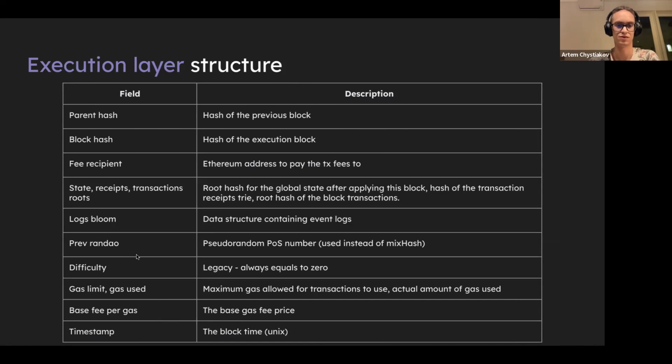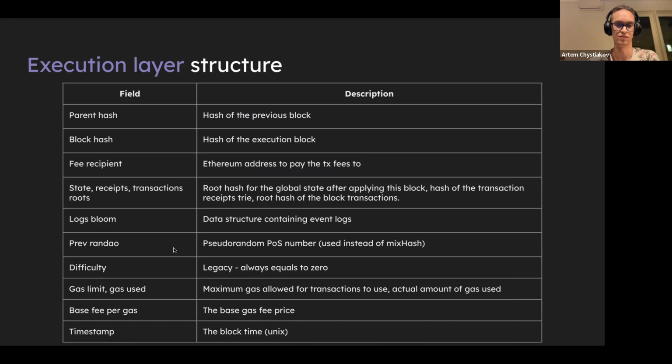The prevRandao field was introduced after the proof of stake switch, and it is used instead of the mix hash field. The mix hash field is deprecated and substituted right now, and it was used in the proof of work consensus.